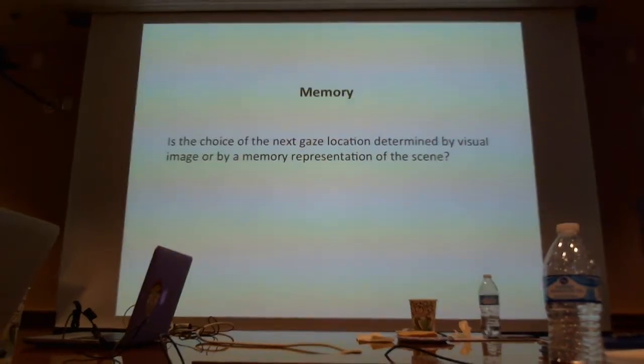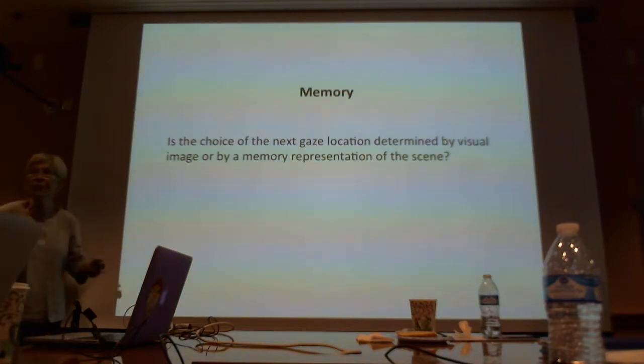So now I want to talk about memory. And again, I think that this is just really important in natural vision. As a good vision scientist, I was brought up on the idea that the visual stimulus was directing my gaze, right? And so we naturally think, and all the saliency models are really based on this premise, that it's something to do with the stimulus that makes you look there.